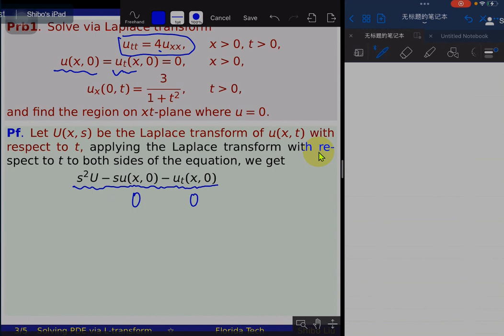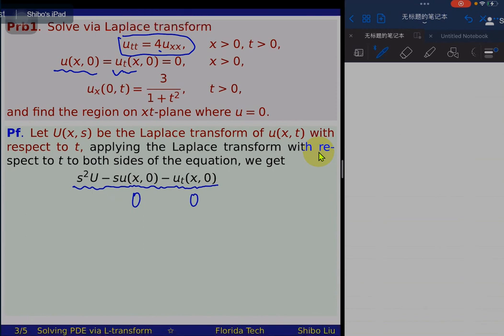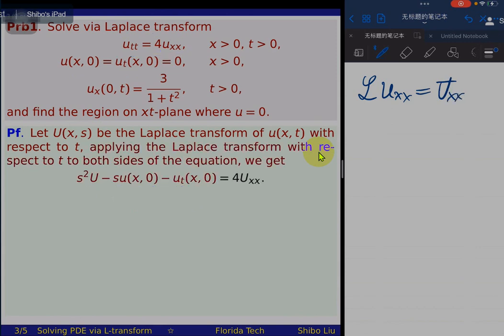Now this is the left hand side. Well, for the right hand side, u_xx, we know that the Laplace transform acting on u_xx equals capital U_xx. We already mentioned this in our lecture. Therefore, the PDE after Laplace transform becomes this ODE.